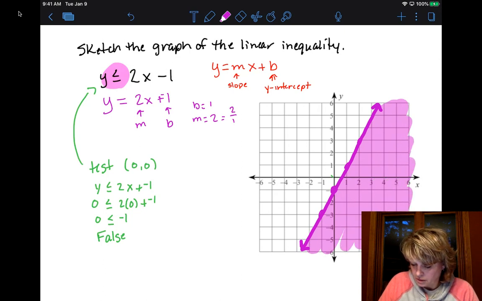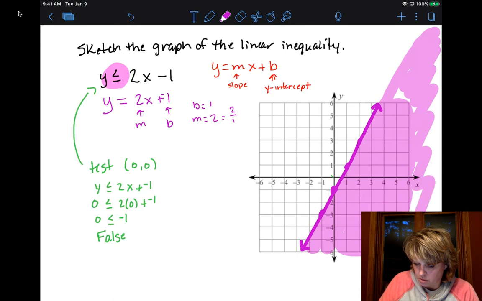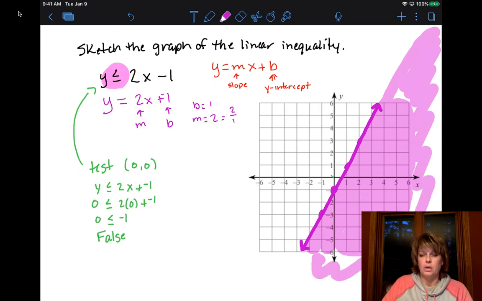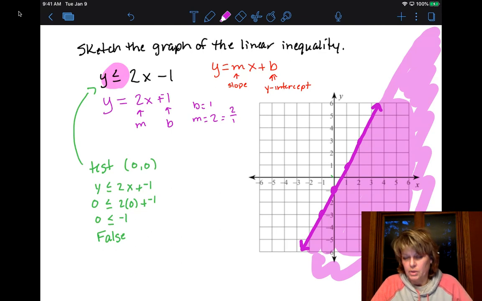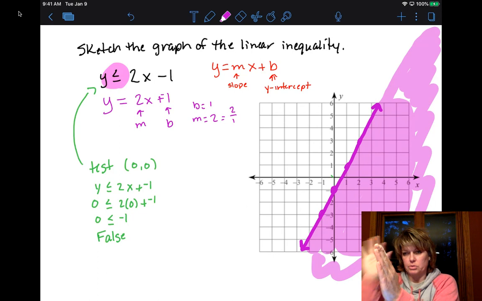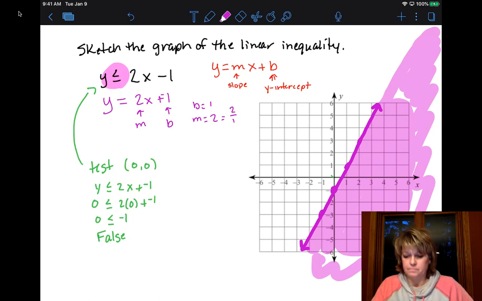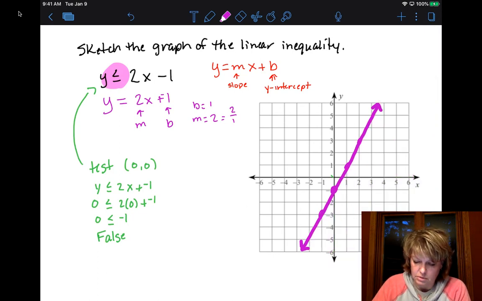Now, truthfully, it's more than just the coordinate system itself. Remember, this could go forever all the way over here if we wanted it to, right? We could shade the whole entire region. Obviously, you don't have to shade the whole thing. But remember, that line is the boundary between what works and what doesn't work. Well, that kind of looks like a mess, so let's get rid of that.